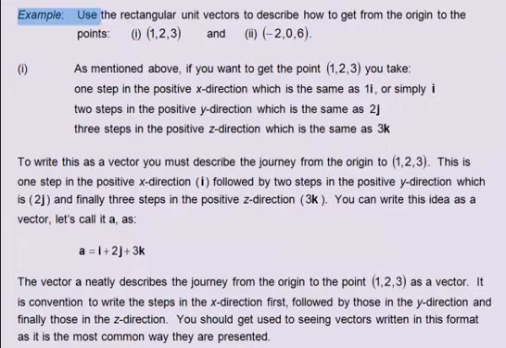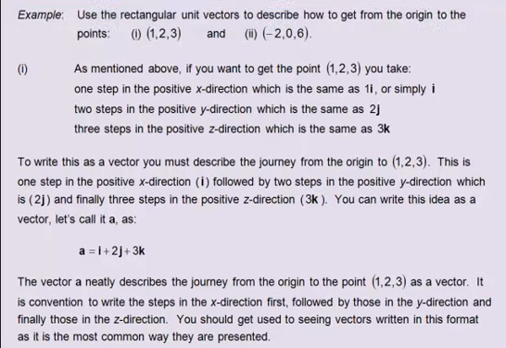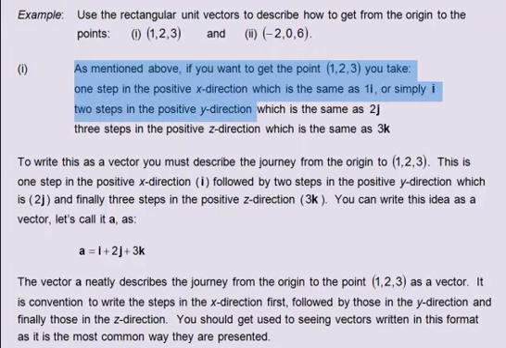Example: use the rectangular unit vectors to describe how to get from the origin to the points 1, 2, 3, and -2, 0, 6. 1. As mentioned above, if you want to get to the point 1, 2, 3, you take one step in the positive x direction, which is the same as 1i, or simply i, 2 steps in the positive y direction, which is the same as 2j, 3 steps in the positive z direction, which is the same as 3k.